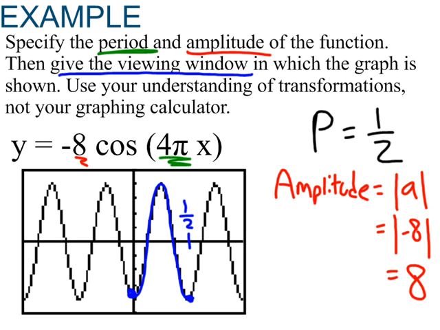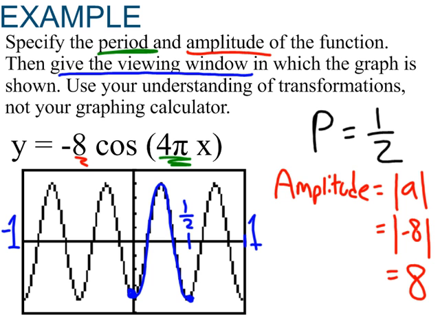Well, hopefully it's evident to you that I have another period right here, and therefore this value would just be 1, right? And likewise, the x-min would be -1. So again, after you calculate the period, you're using that information and looking at your picture and asking how many periods do I have here in the picture, and that helps you deduce your x-min and your x-max.